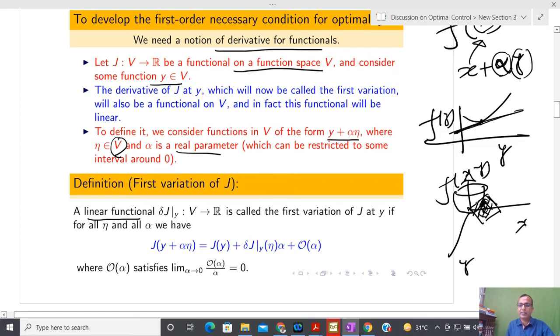That is the interpretation. I hope you are able to understand the interpretation of the derivative in the case of one dimension and higher dimension. In one dimension, it is nothing but the tangent which touches at this point. In higher dimensions, I have some kind of best linear approximation that touches here.